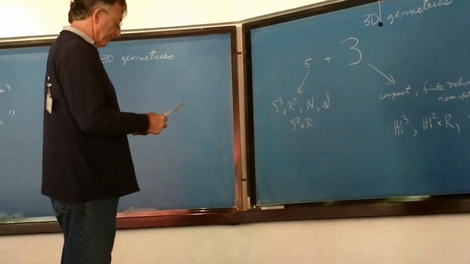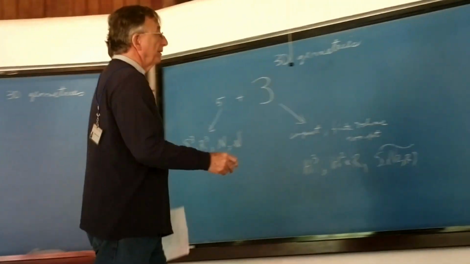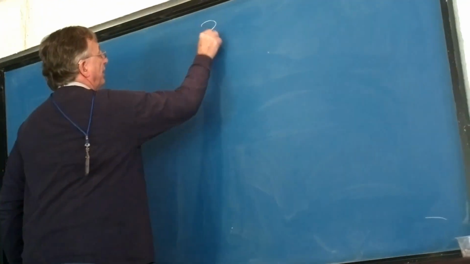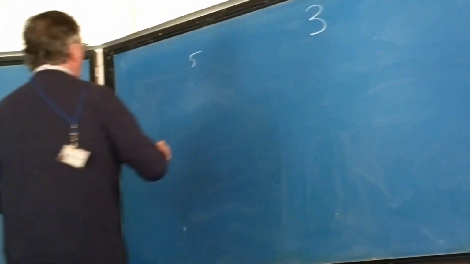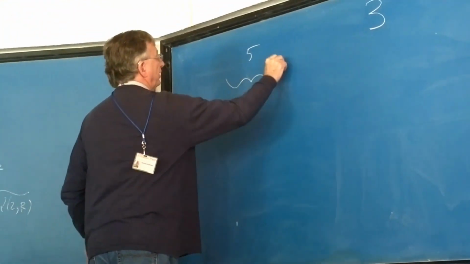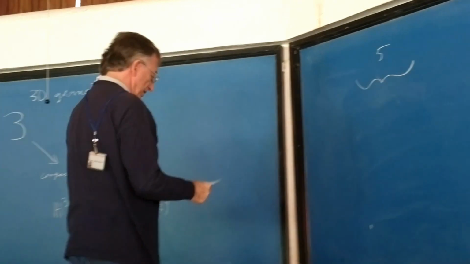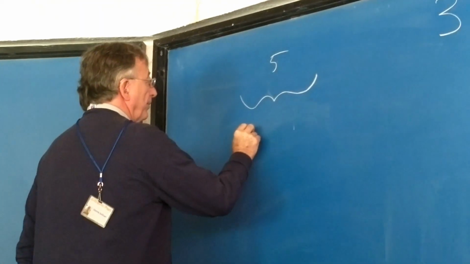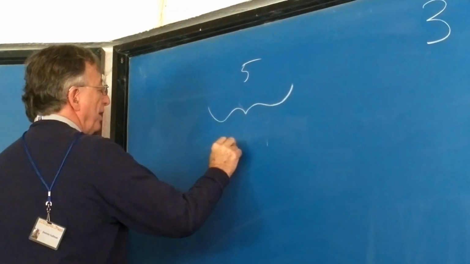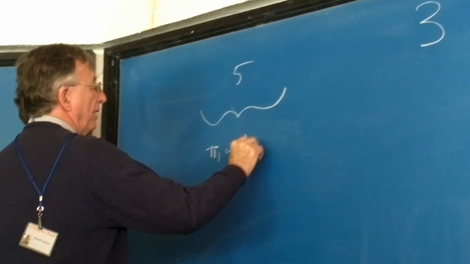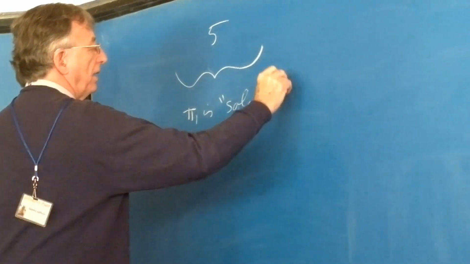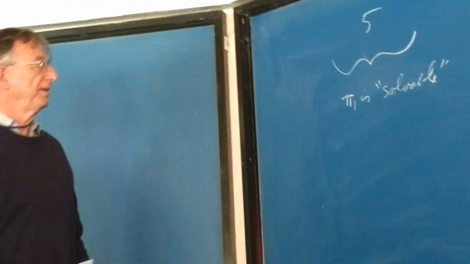And then just put the 5 here and here. So all of these geometries only have compact quotients, not finite volume quotients. And here the pi 1 is, I'll put solvable in quotes. That means a subgroup of finite index is solvable.